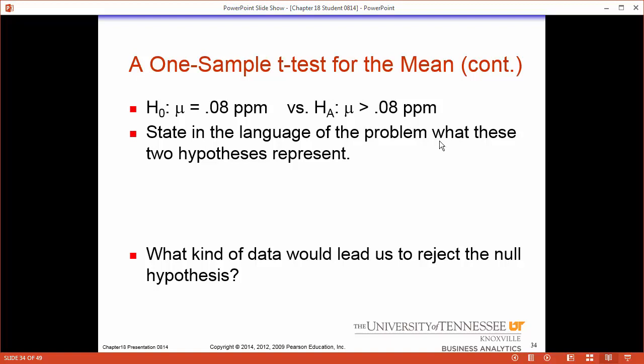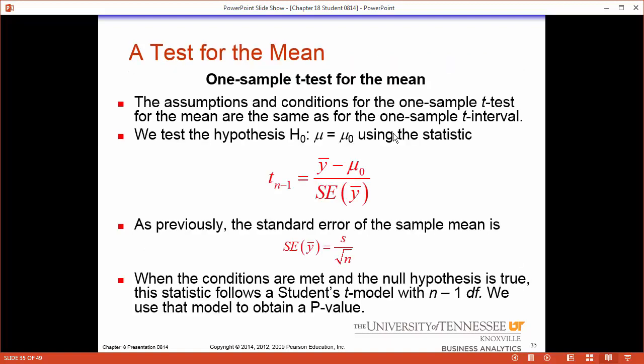Data that would lead us to reject the null would be data that is much higher than 0.08. We'd have to follow it, and we don't know right now, but maybe 0.09, 0.10, 0.11, or 2. 2 sounds like a very big number for this. Something larger than 0.08 would lead us to reject the null and show evidence for the alternative.